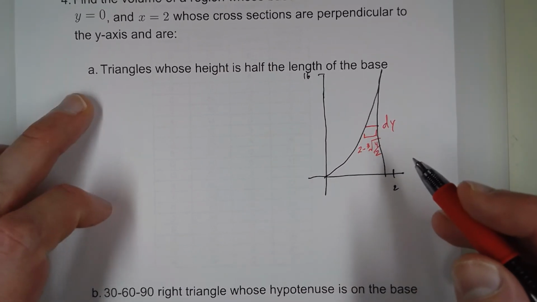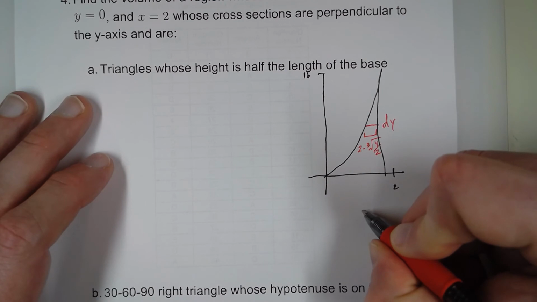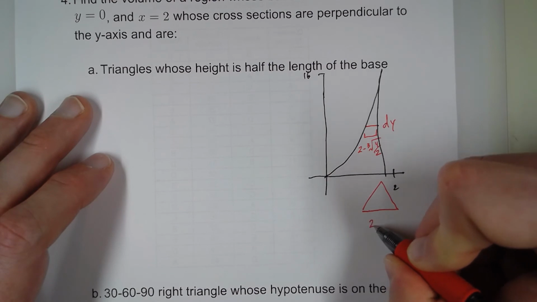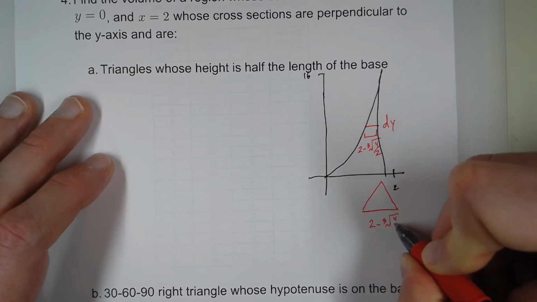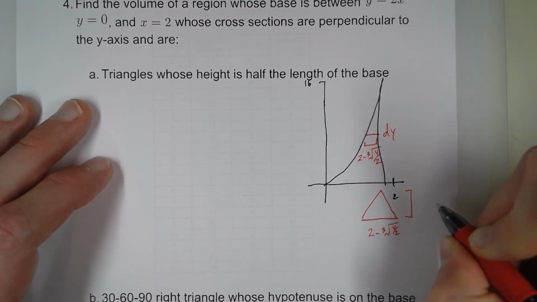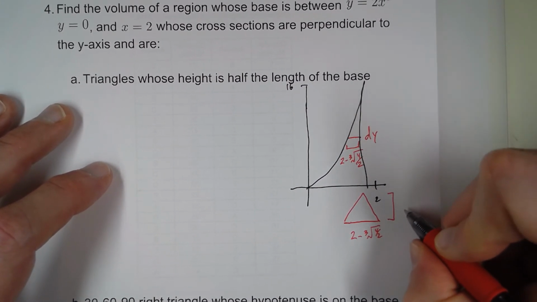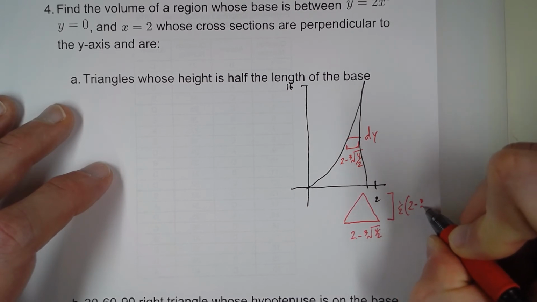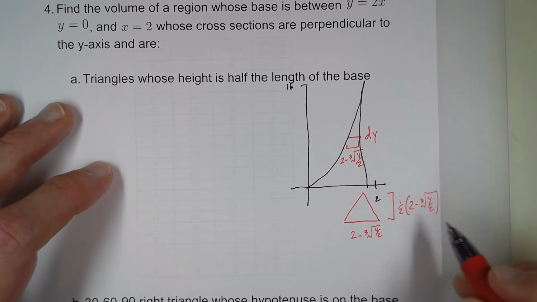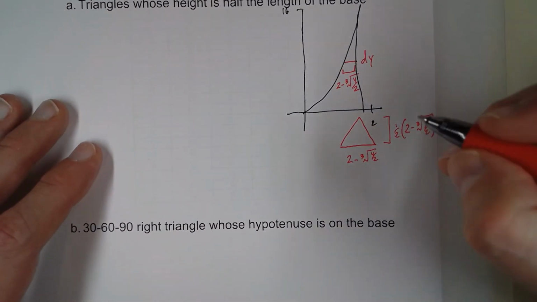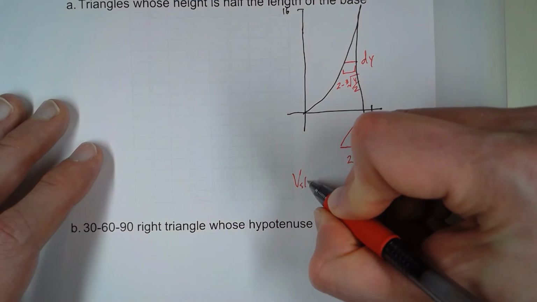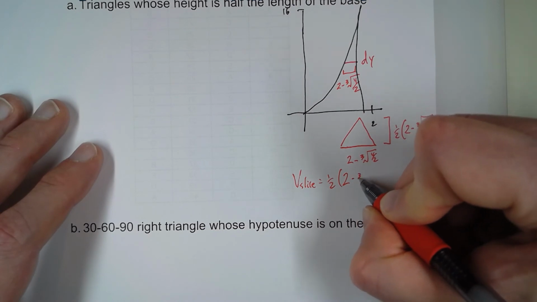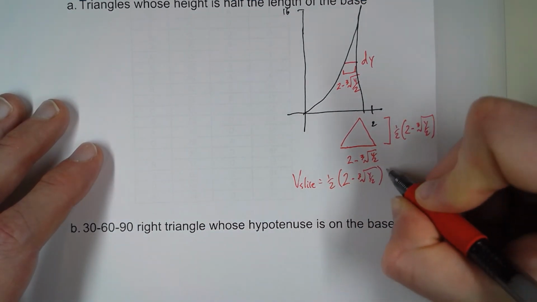So, letter A, the triangles whose height is half the length of the base. So the base is 2 minus the cube root of y over 2. Now the height is going to be half of that. So the height is going to be 1/2 times 2 minus the cube root of y over 2. I'm just going to leave it like that so we can combine these. So the volume of the slice equals 1/2 the base, 2 minus the cube root of y over 2 times the height.